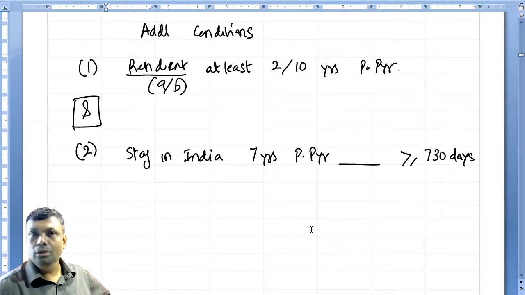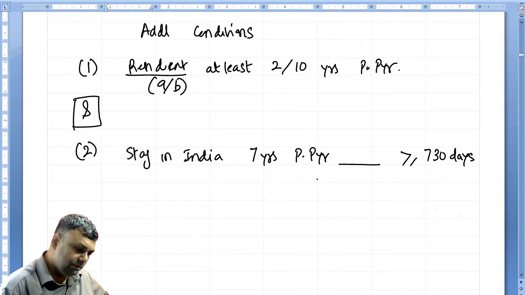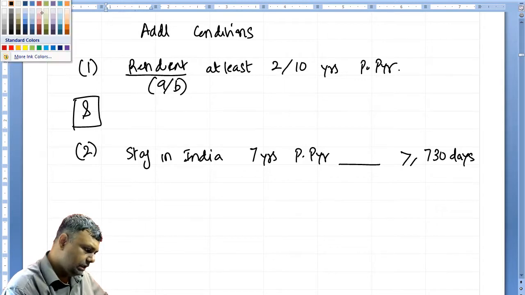And you can do it because 4 years total you have already taken at the time of A or B. Now straight away take 7 years total. Finish. Okay. So let me just write 7 years total now. Let me change the ink color. Okay.